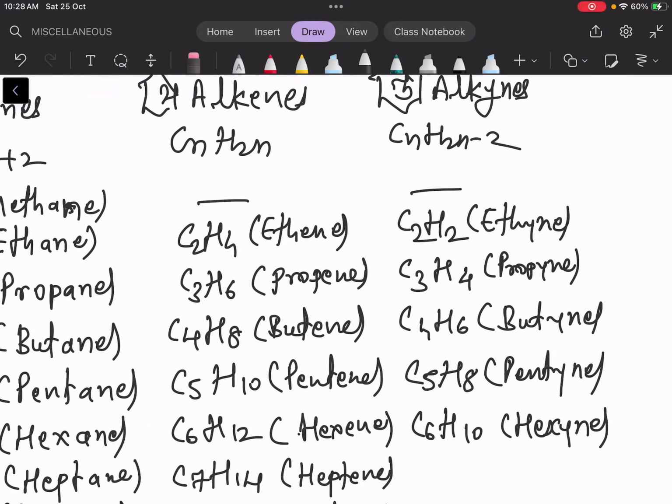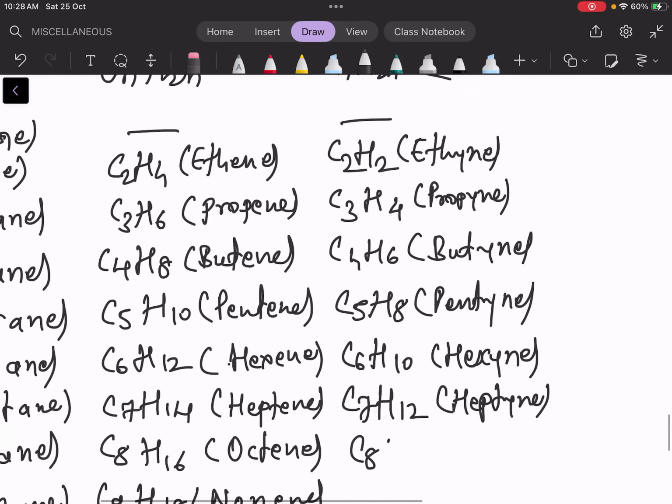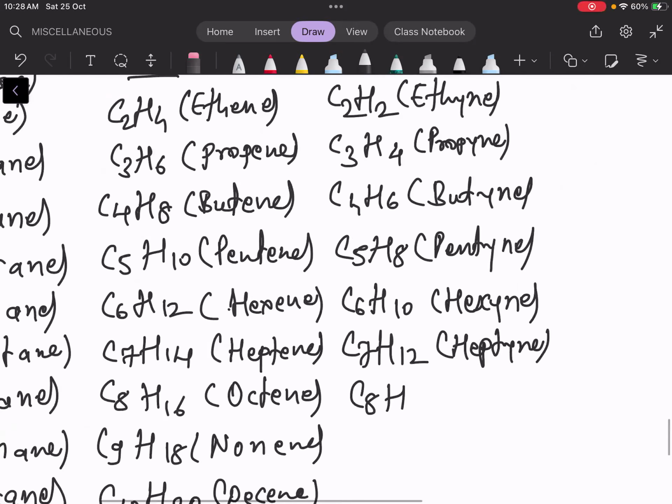N is equal to 7. What will you get? C7, H, 2 sevens are 14 minus 2. So C7H12, nothing but heptyne. The next, C8H16 minus 2, 14.